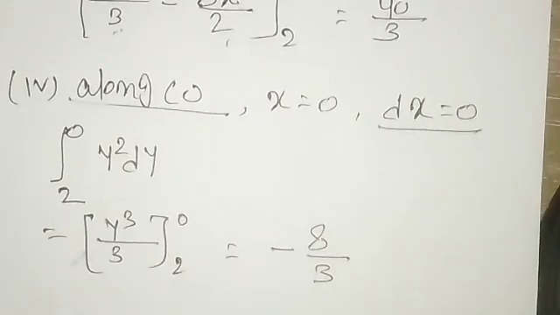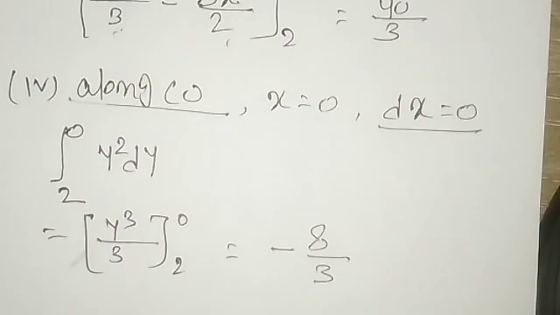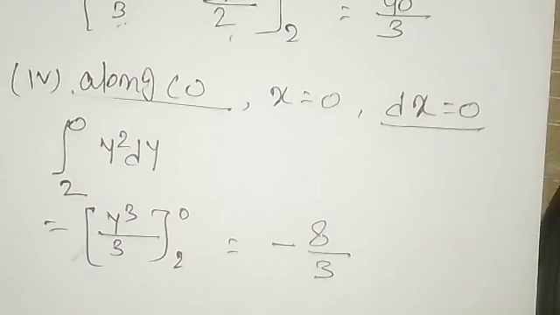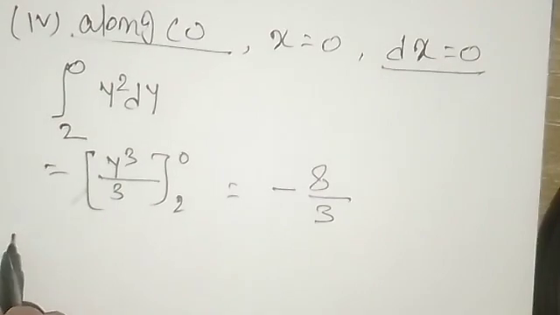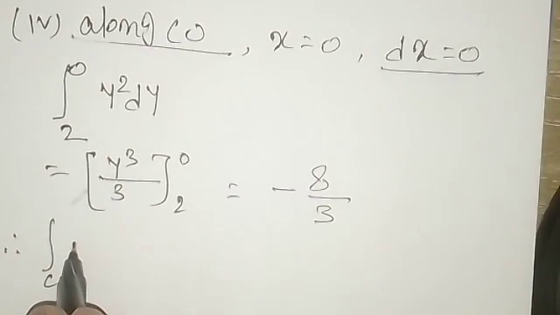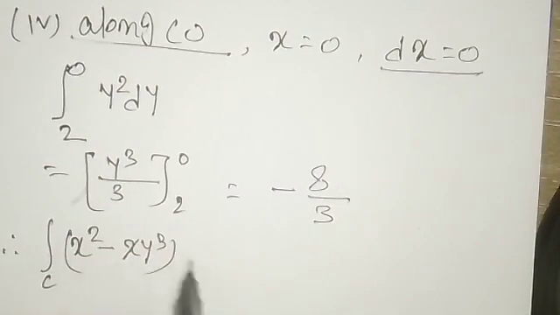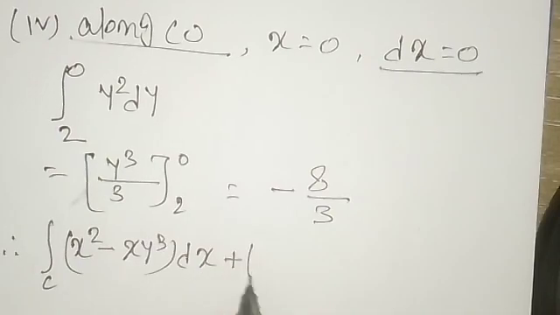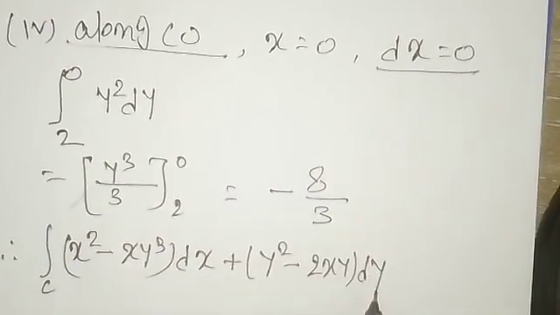Now what we need to do, we have to find out the summation, that is cyclic is there, right? So cyclic integral of m dx plus n dy, right? So you can say here that therefore cyclic integral of whatever the integration you have, x square minus xy cube dx plus y square minus 2xy dy, right?